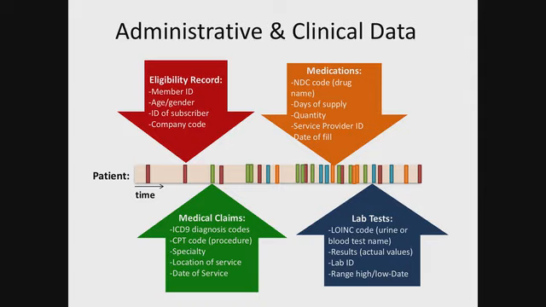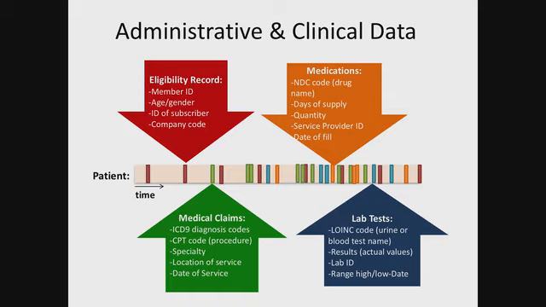And then from pharmacy, we have access to medication records. We know what medication was prescribed, and we have it coded to the NDC code, National Drug Code, which Pete talked about again last Tuesday. We know the number of days supply of the medication, the number of refills still available, and so on.